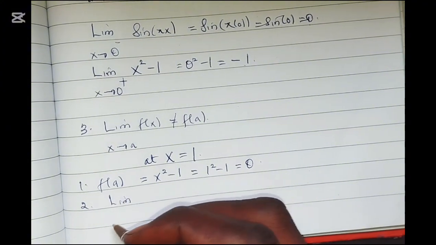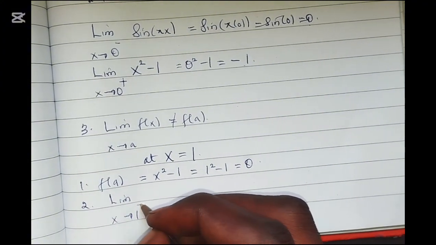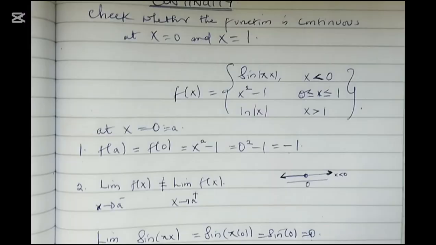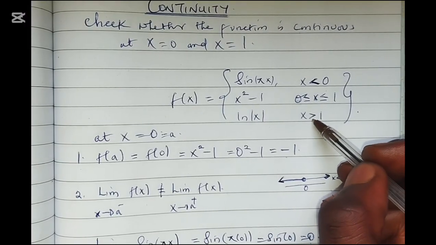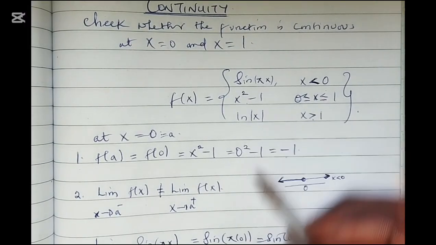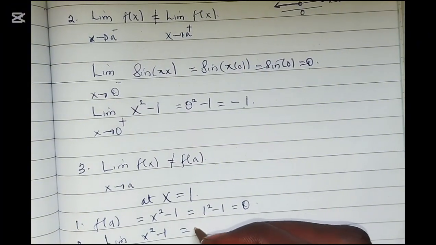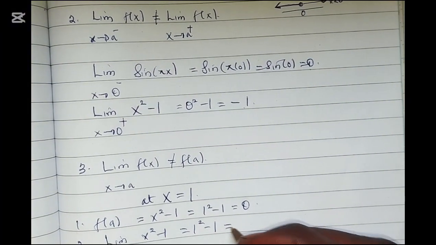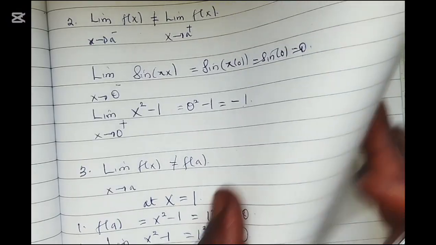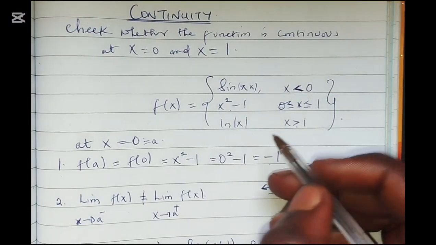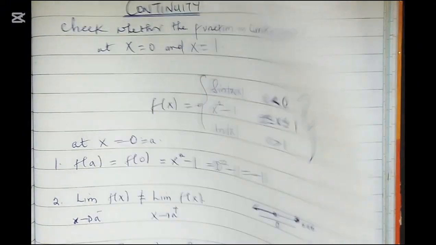Now the limit as x approaches 1 from the left. This is obviously from the right, so this should be from the left. So we have x squared minus 1, which is equal to 1 squared minus 1, equal to 0. And lastly, we should find the limit as it approaches from the right. So from the right will be this, which will be ln x.